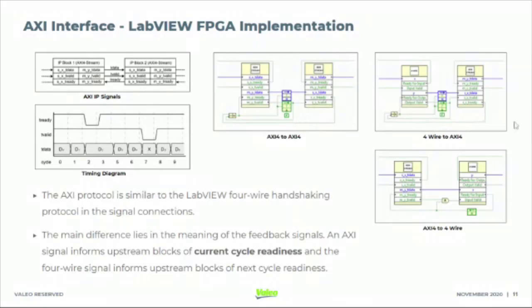Your typical application may look like this, where 4-wire goes to AXI4. This is the IP that you are bringing to the FPGA, which is AXI4, and these could be your FIFOs that transfer data from some other loop to this IP. This side will be 4-wire, and this is AXI4, and the way you transfer is with the shift register in between, which informs the upstream node about the readiness, and then it reads the data from the shift register.